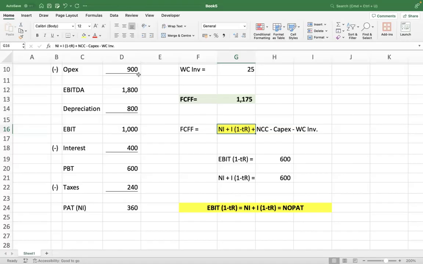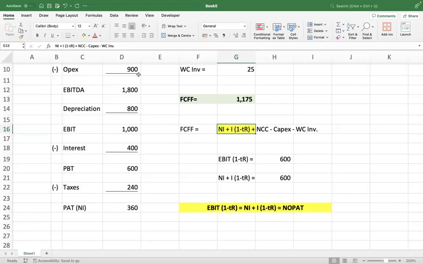For that, we have to do the terminal valuation at the end of the forecasting period, which we will do with the same concept of the Gordon's constant growth model. Once we get the terminal valuation at the end of the forecasting period, we will discount it back to the present.